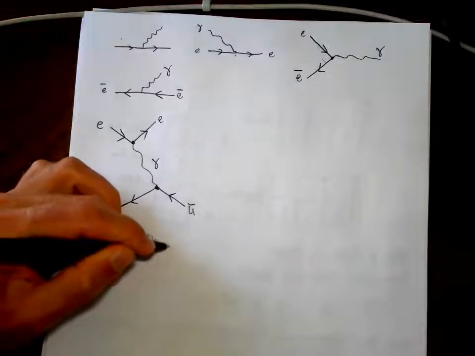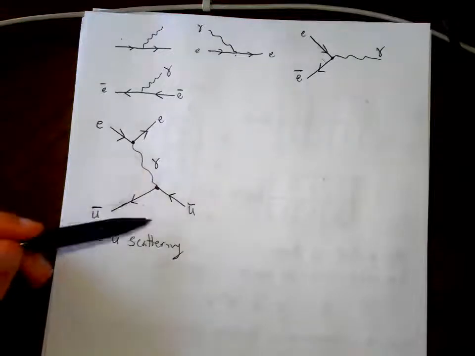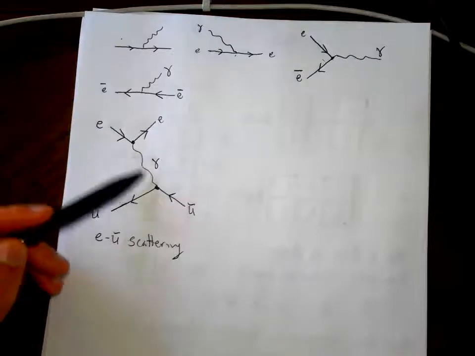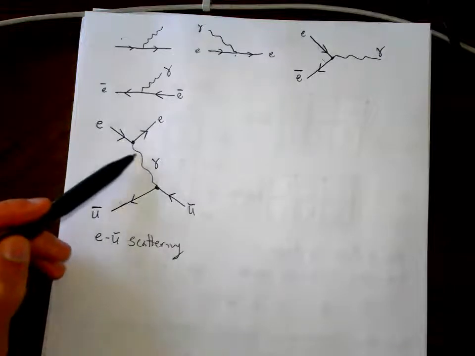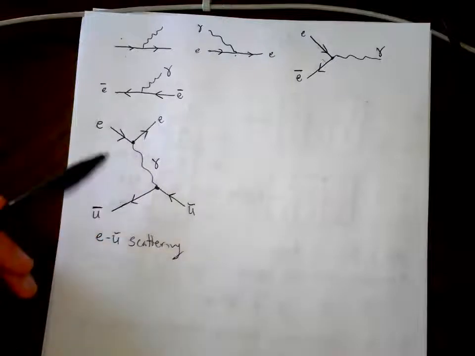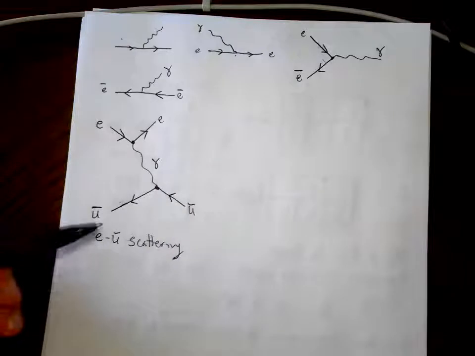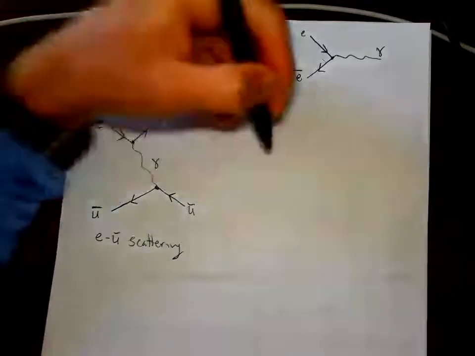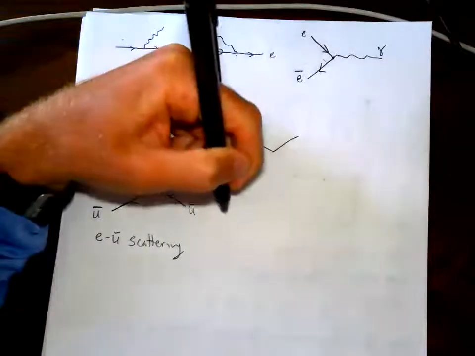So scattering is anytime two things bounce off each other, essentially. Now, how are they bouncing off each other? They're bouncing off each other by emitting a photon. Okay, so in this case, the electron emitted a photon, and when it emitted the photon, it kind of recoiled. And then that photon hit the anti-up quark and caused it to recoil. All right, so that's an example of scattering. What if I redrew the diagram like this?